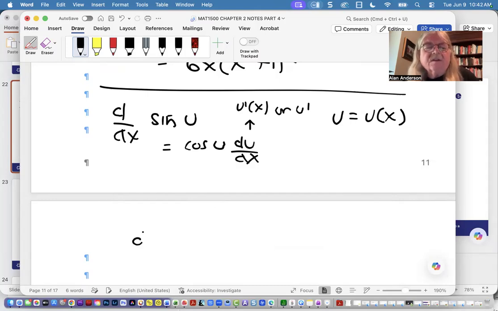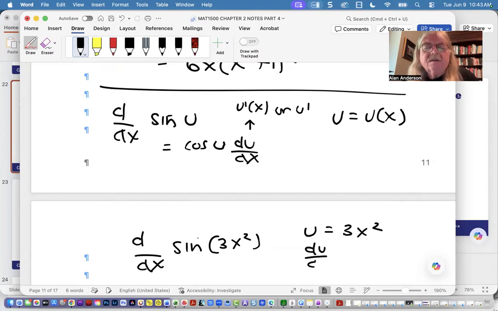So if you're looking, for example, at this, we're going to let u be 3x squared, du/dx is, sorry, 6x, based on the power rule.